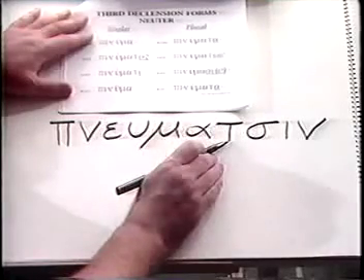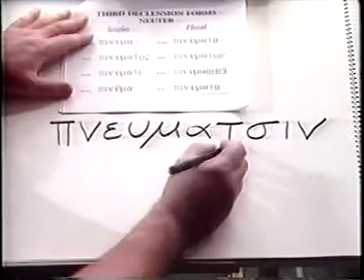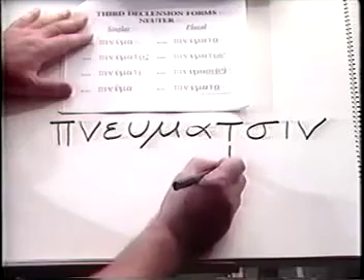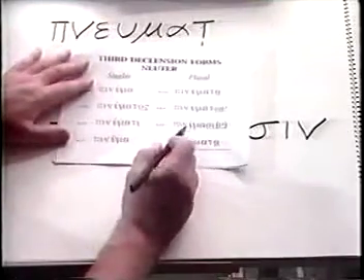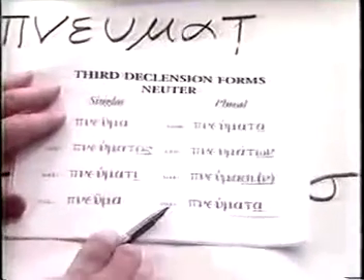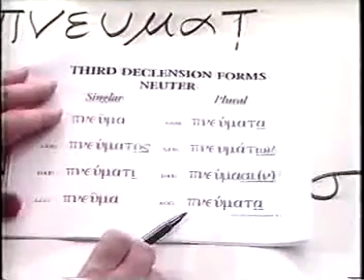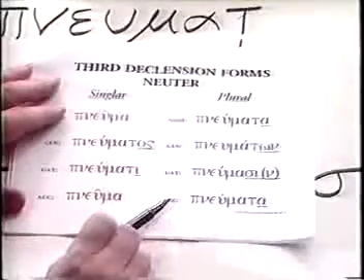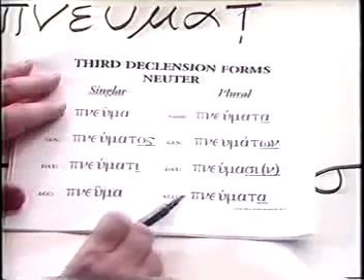What happens to a dental when it's followed by sigma? Right, you lose your teeth. The dentals elide followed by sigma. So we wind up with the form pneumasin. And the accusative is just like the nominative, right? In the neuter, the nominative and accusative are always identical, so we have the word pneumata.